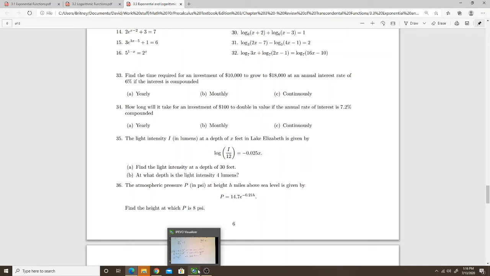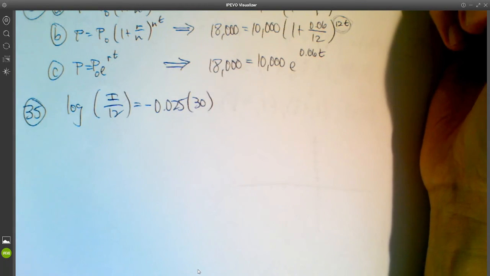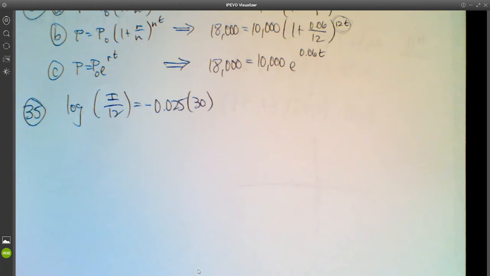So if the depth is 30 feet, you're going to plug in 30 here and solve this equation for I. So we've got log of I over 12 equals negative 0.025 times 30. 0.025 times 30 is 0.75.